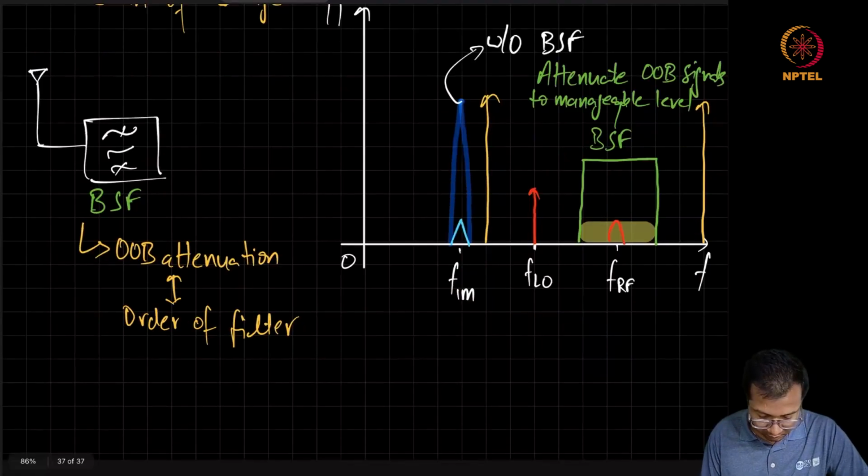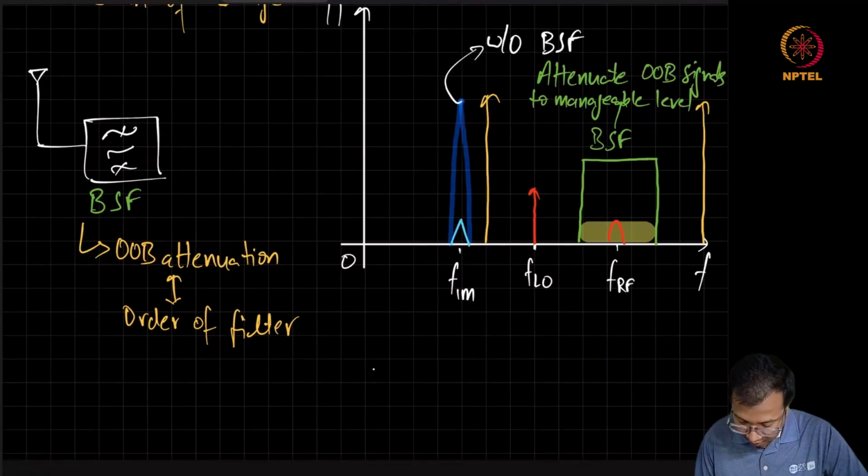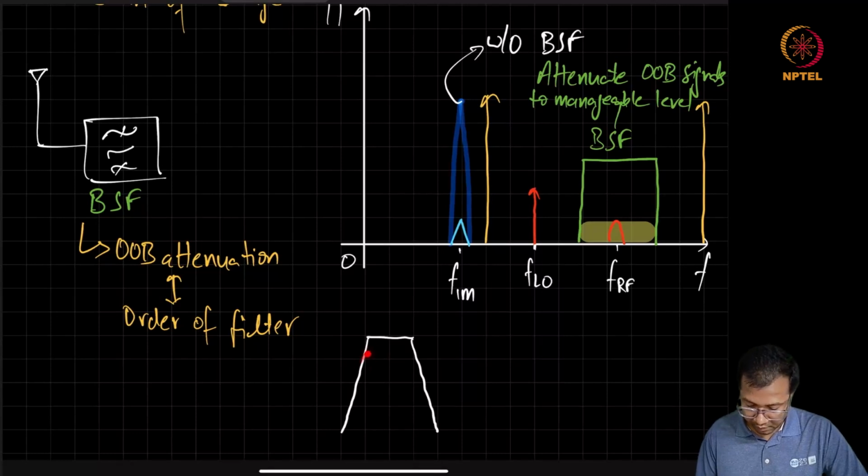so as to give you a quick idea about what I'm talking about. So let's say we design a filter which has this kind of roll-off. So this roll-off is going to decide how much of the out of band signals will be attenuated.